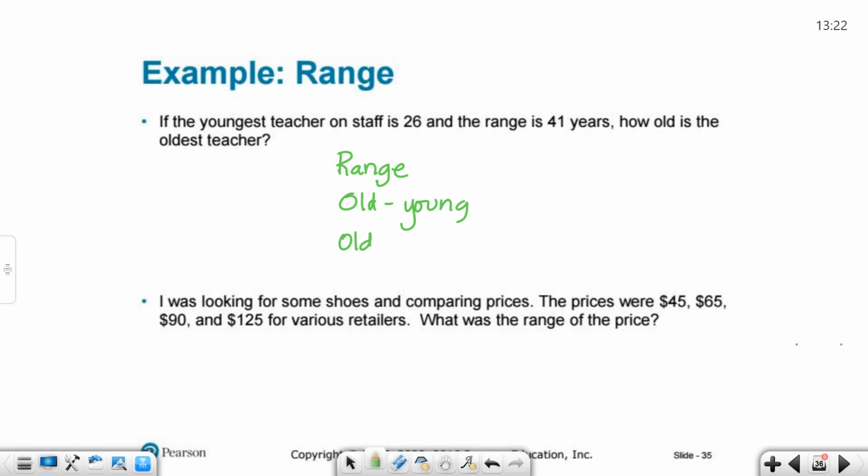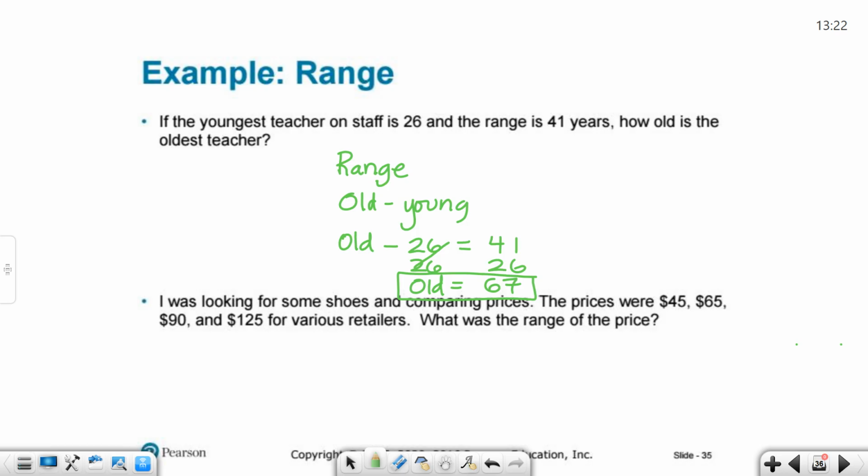So I don't know how old the old one was, but the young one is 26, and their range is 41. Okay, so the difference between them is 41. So if we solve this out, the old one would have to be 67. Old's not the appropriate term. Let's say experienced. The experienced one is 67.